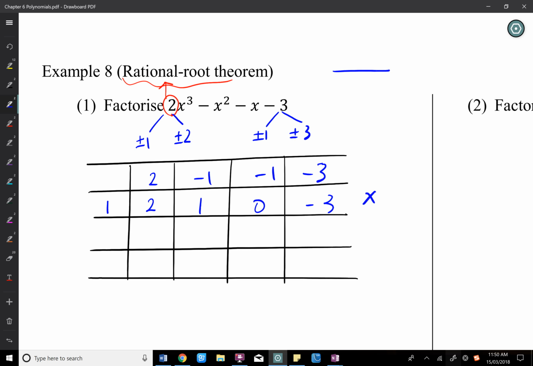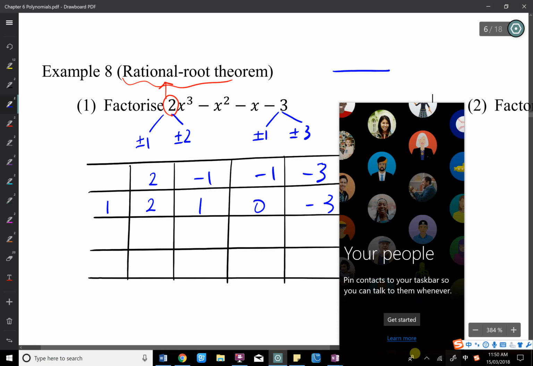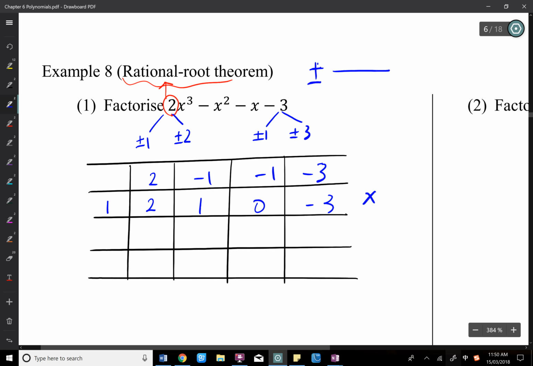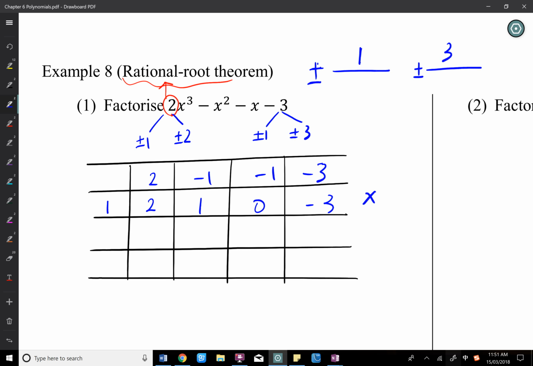So what we have is 1 and 3 from the constant. So it's either plus minus 1 over something or 3 over something. And over the coefficient of the leading term, which is either 1 or 2.